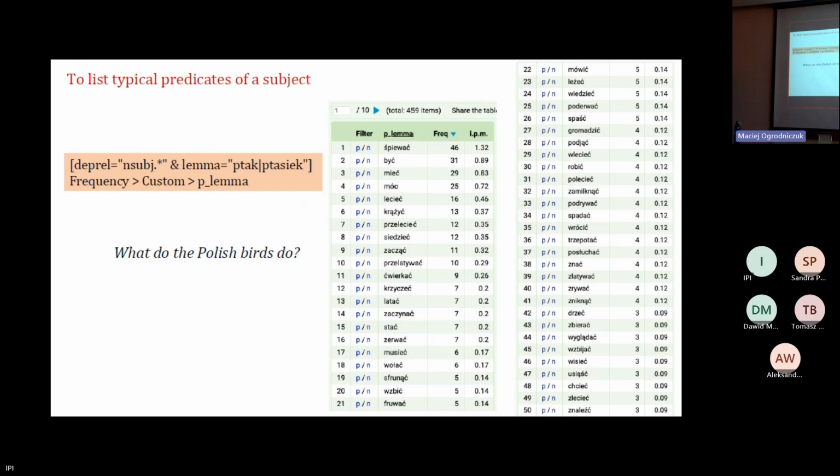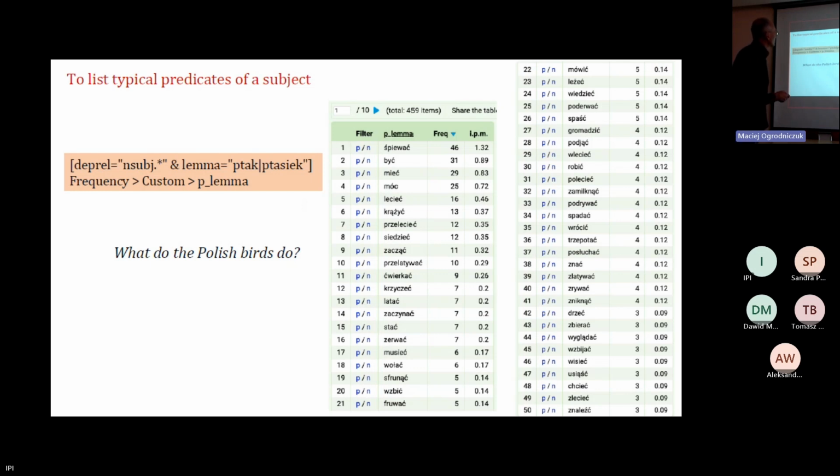So if you want to search for what the Polish birds do, you search for ptak or ptaszek if it's a nominal subject, and you search for the parent lemma of this subject. No, you don't search for it. You want to show the frequency of that attribute. So that's also important that it's included in that token annotation, because otherwise you wouldn't be able to do it. And you get this.